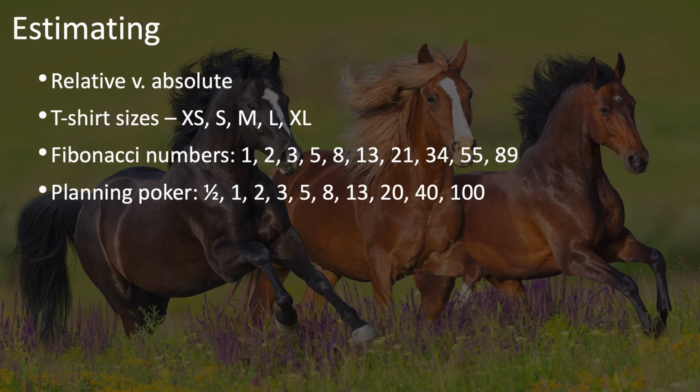Then you compare. If someone on the team thinks it's much larger or much smaller than the rest of the team, you discuss why. You may find that they have considered something that the rest of the team hadn't. Then you vote again with the cards until you're satisfied that you can pick a number or size and then move on to the next item.